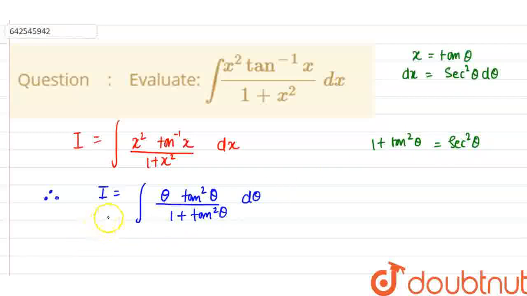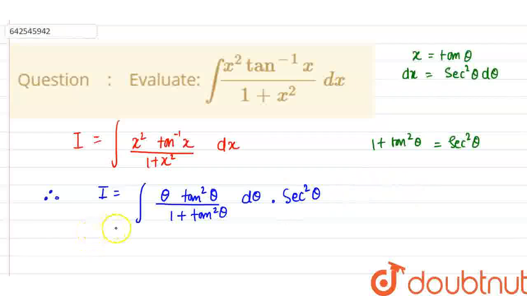So now we can easily convert it into a different form. There is an additional secant square theta from dx, so we have to multiply by it.